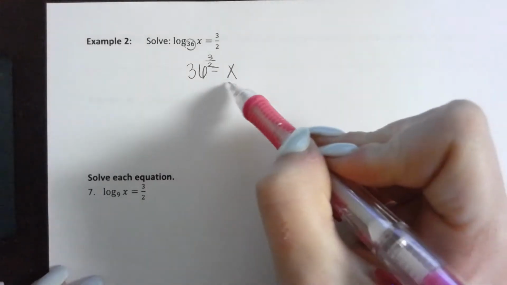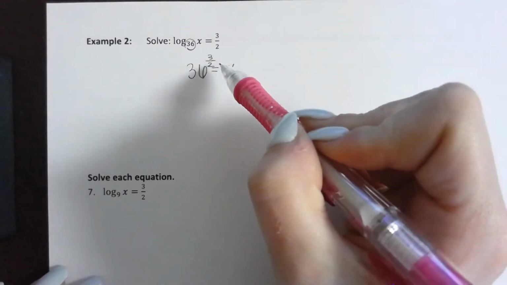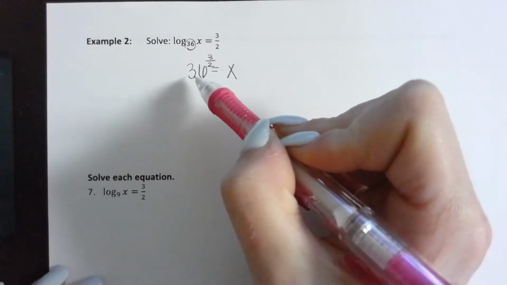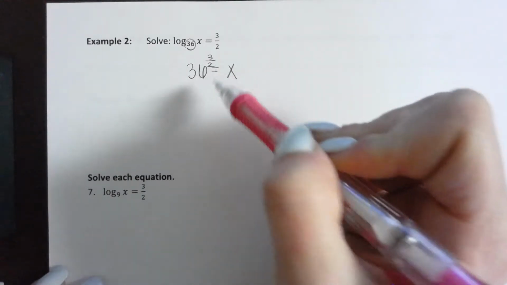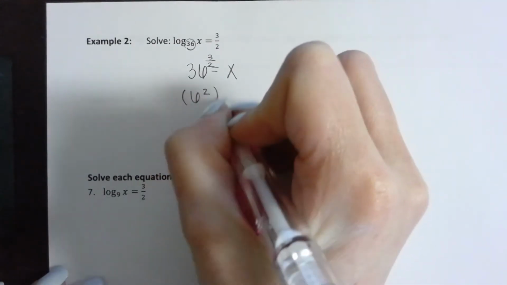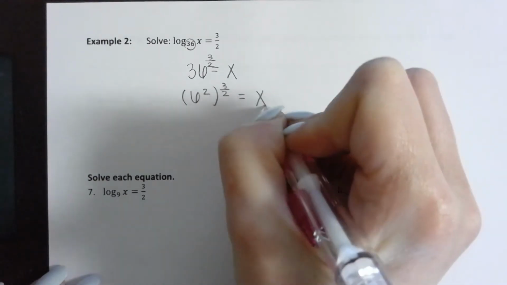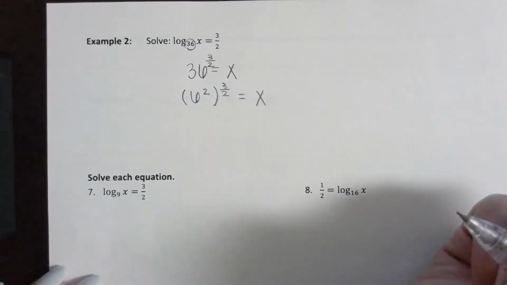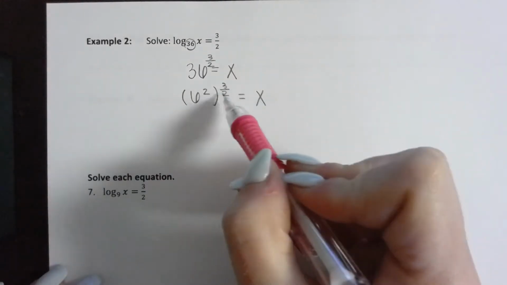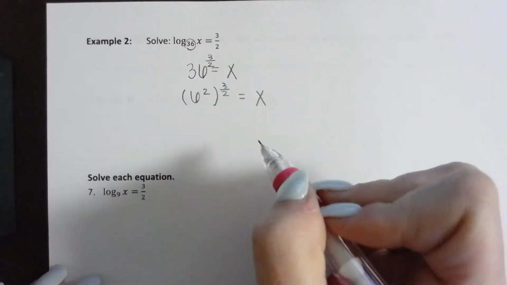Now what's nice is the x is by itself, but this 36 to the 3/2 is kind of crazy. So to simplify, I want to break down the base and see if I can work with my exponents a little bit. 36 can break down into 6 squared. I'm going to leave the exponent of 3/2, and that's all equal to x. Earlier in the year, we learned that when I have two exponents right next to each other like this, a power to a power, I multiply.